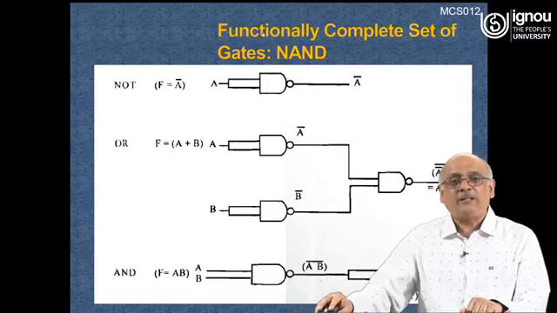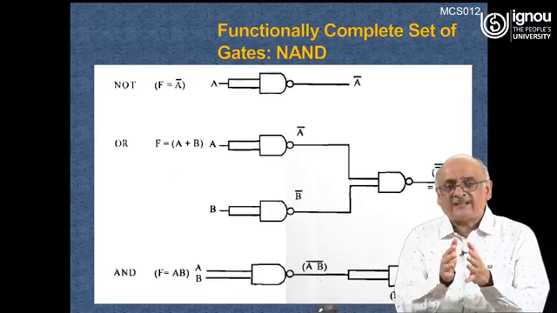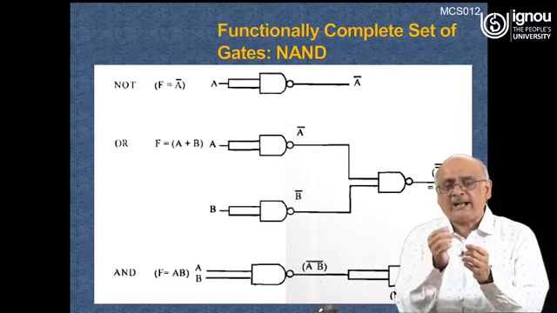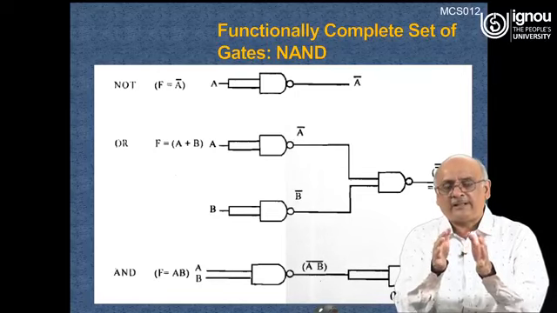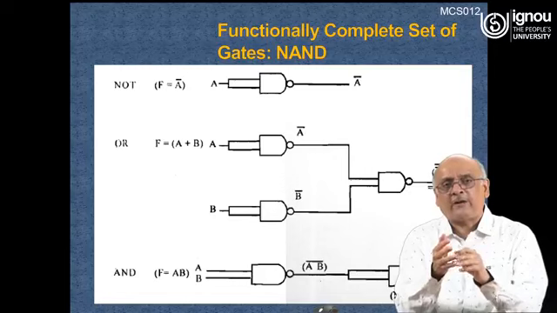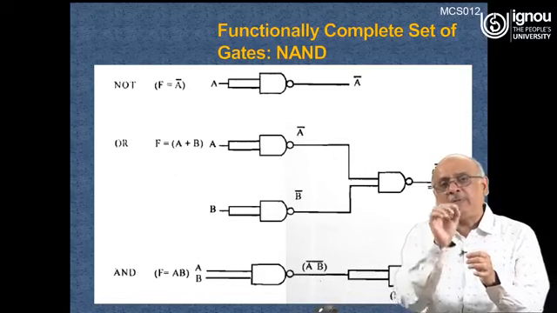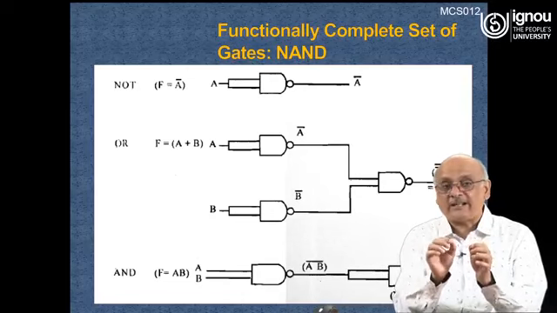That is what we mean by a functionally complete set of gates. So suppose the NAND gate is a functionally complete set of gates and can be used to draw AND or NOT, then it can be utilized for drawing any circuit, and only one kind of fabrication will be needed when we are creating the chips, right?